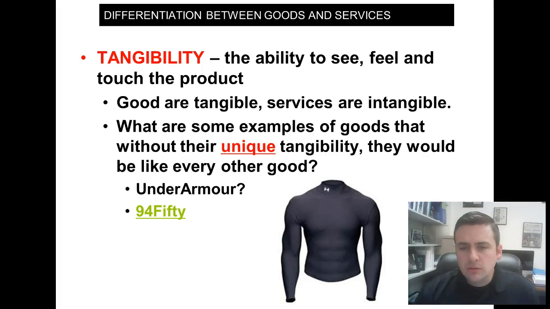Nobody to that point, when they created this, had ever really thought about moisture wicking material. Most of the time people would work out in just normal t-shirts, and nobody really said that because of the uniqueness of the material used, that's what makes that good marketable and competitive in the market.